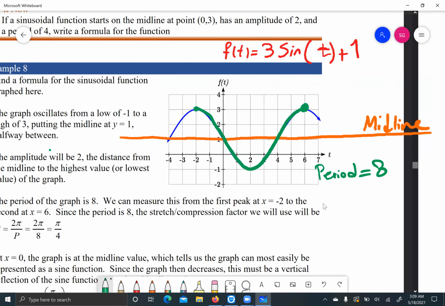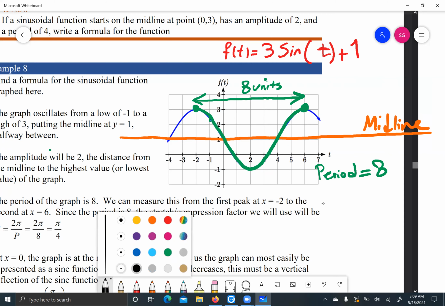That's actually the way we look at cosine, because when it starts at the height of 1, it completes 1 full rotation when it goes back to 1. And then you can look at the distance. 2 units to the left and 6 units here, so it's 8 units, right? So period is 8.